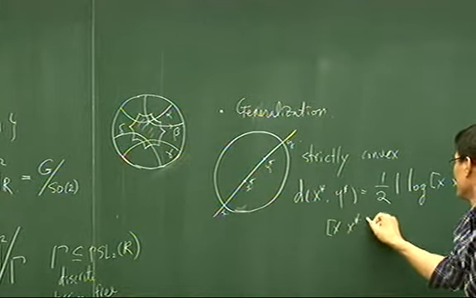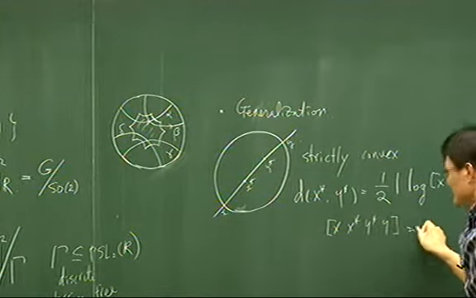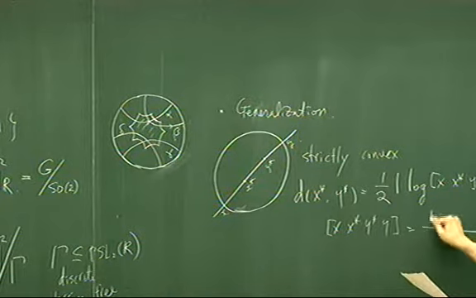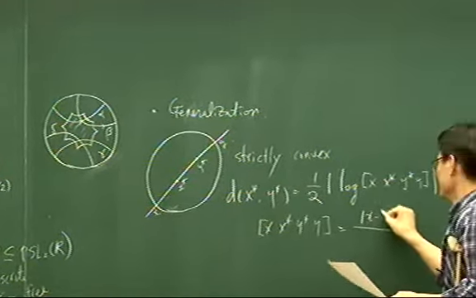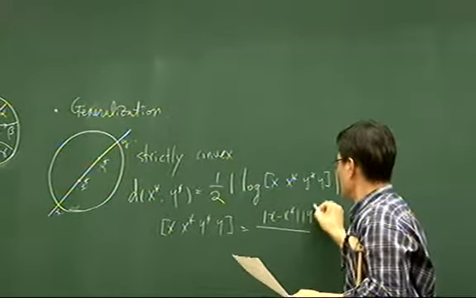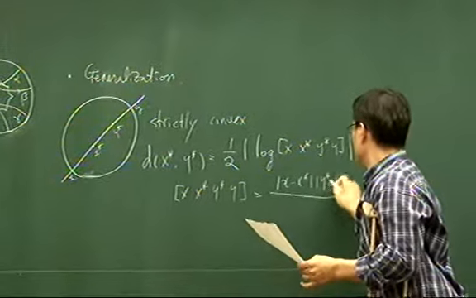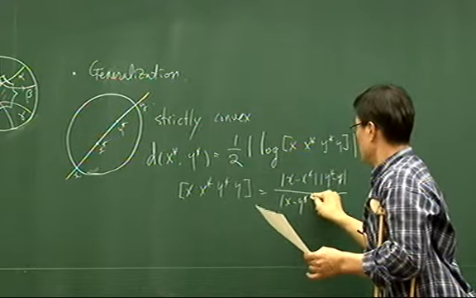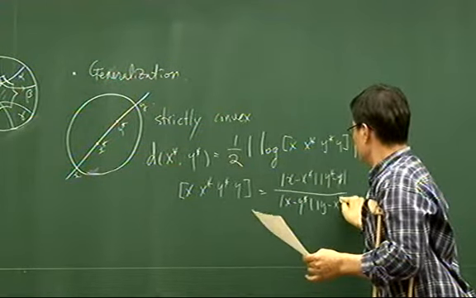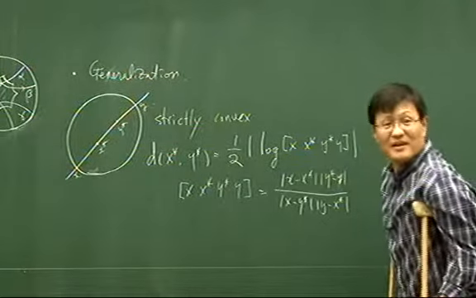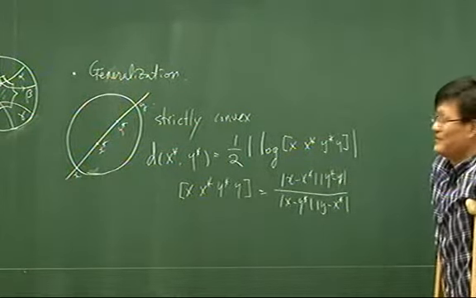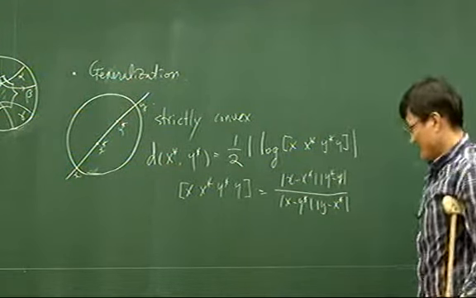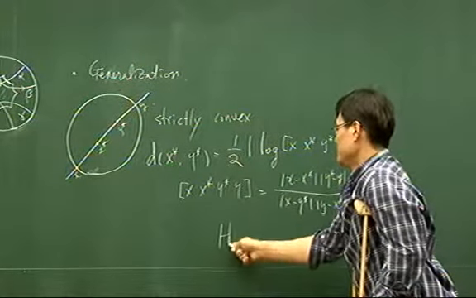This is a cross ratio defined as a ratio of some product of Euclidean distances. Okay? So you can check, this is a metric space, defined by Hilbert. So this is a Hilbert metric.